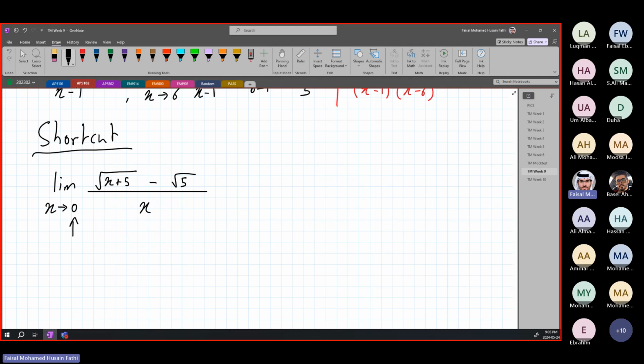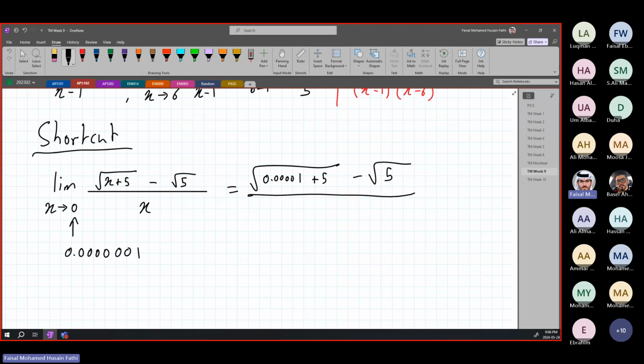But instead of 0, plug in a number that is very close to 0, like 0.0001, into x instead. So if I do that, I have square root of 0.00001 plus 5 minus square root of 5 over 0.00001.